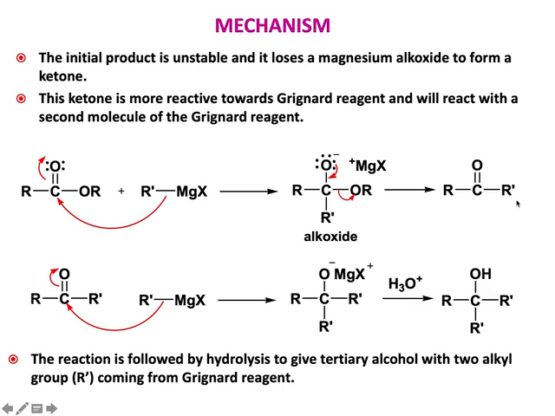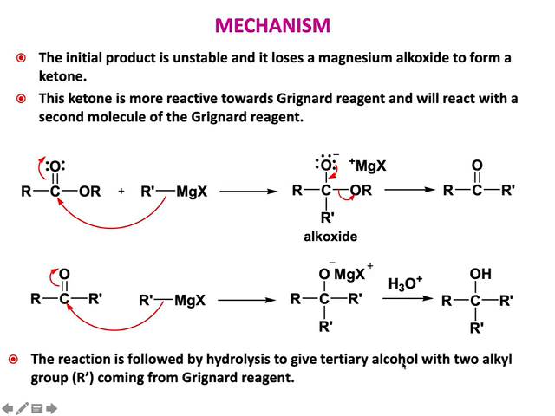Second, once you get this ketone, it reacts with the Grignard reagent. The Grignard reagent attacks this carbonyl, cleaving the pi bond to become O minus MgX positive. So there are 3 substituents attached on C OH, which forms tertiary alcohol.